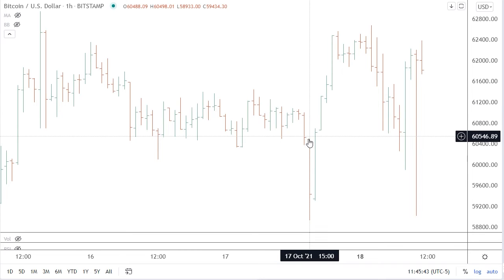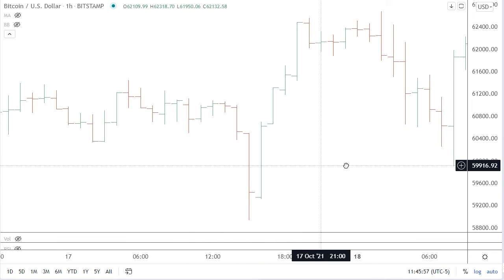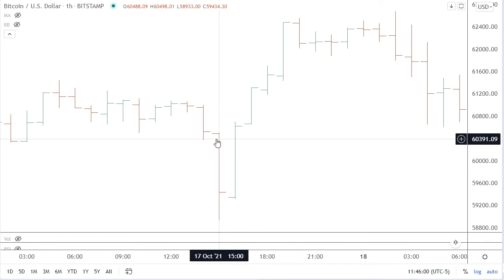So let's take a look at this October 17th, this long red bar right here. You can see you've got little lines moving off to the left side of the bar, and little lines moving off to the right side of the bar. In essence, the line to the left represents the open price of the bar. The line to the right represents the close price of the bar.